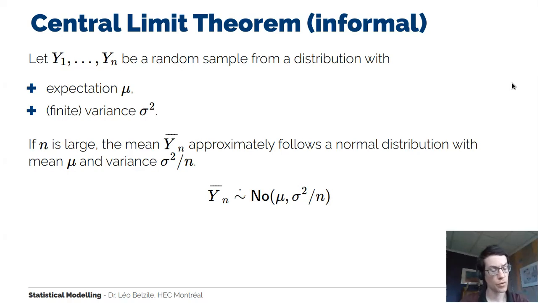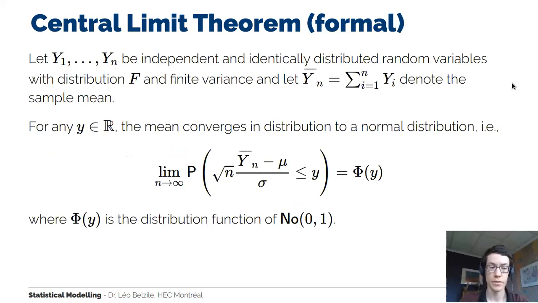So there's a lot of things going on in there. Let's go to the formal definition before we look a bit at some graphical illustrations to see what the theorem actually says. So more formally, if we have a sequence of independent and identically distributed random variables, which is a bit stronger than what's necessary, I'll assume they have a common distribution F with finite variance.